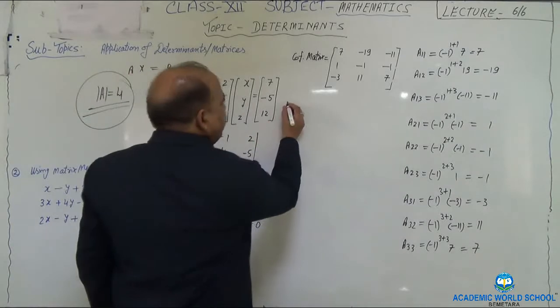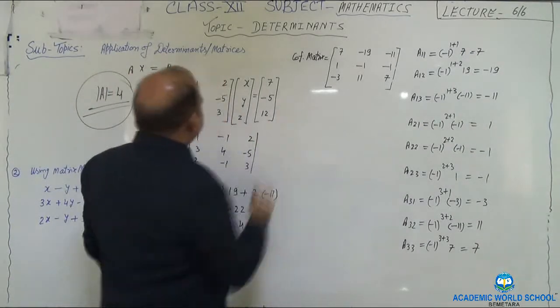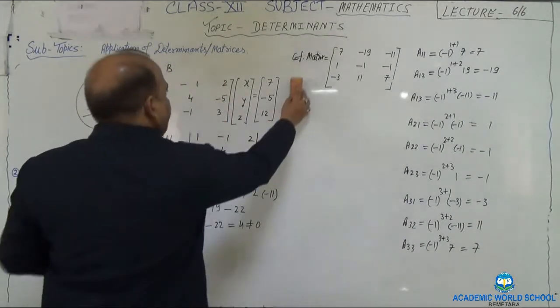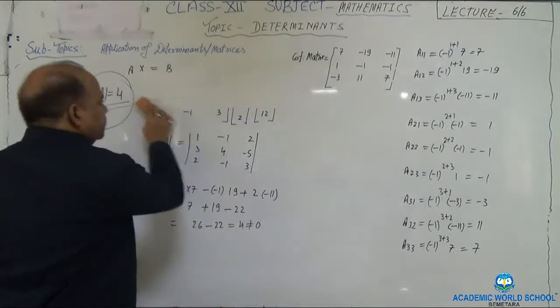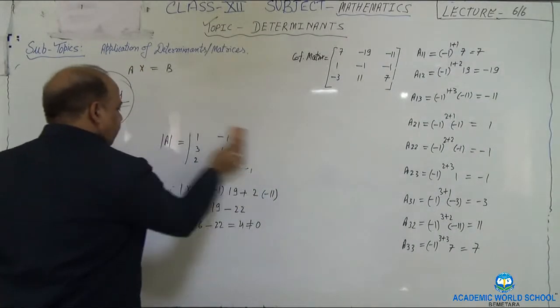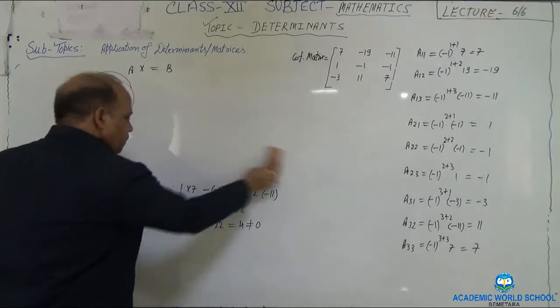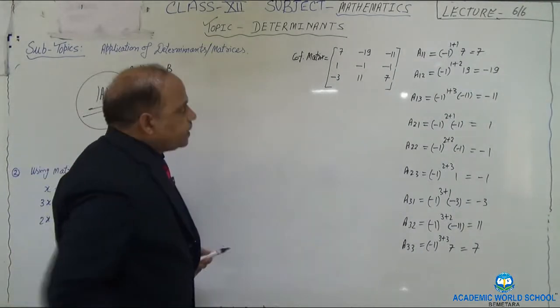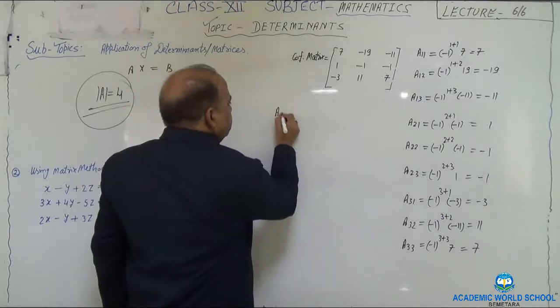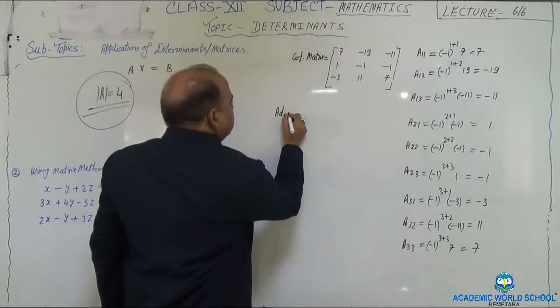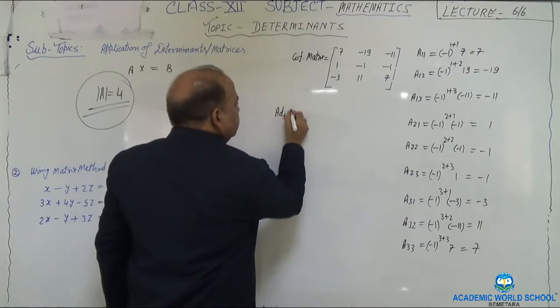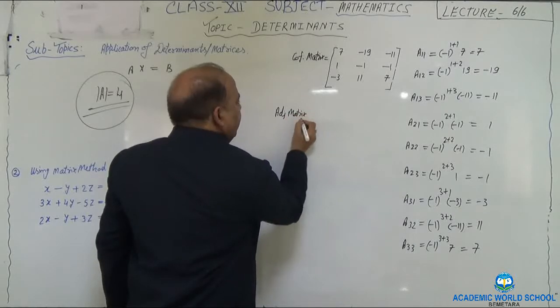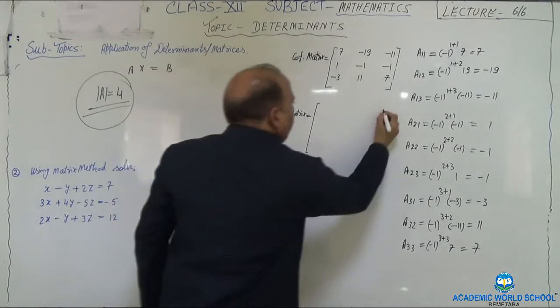After getting this, we need to find out the adjoint. So I'll rub this part because it is now not required as such. We have already got the value of this also. So now we will write the adjoint of that matrix A. When we are writing the adjoint matrix, what will be that?